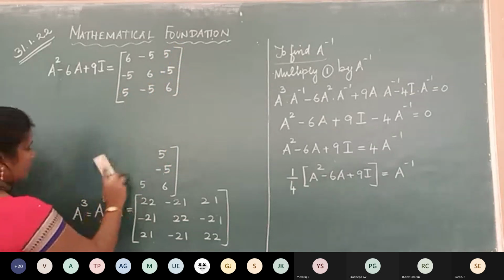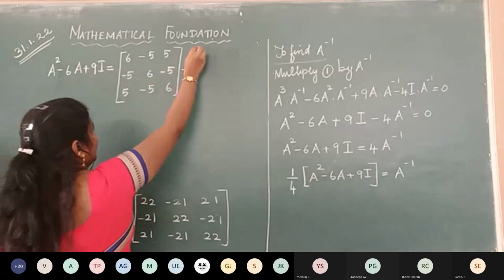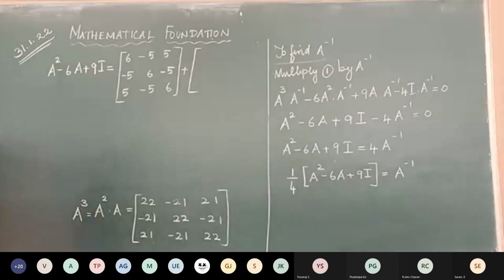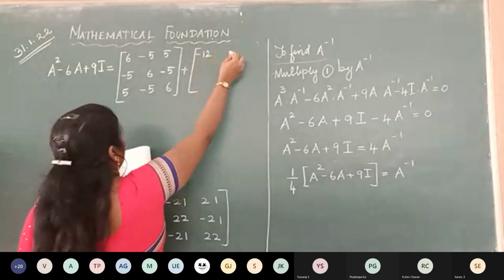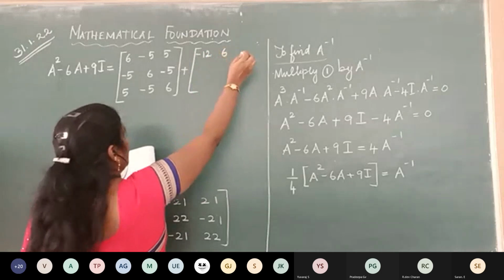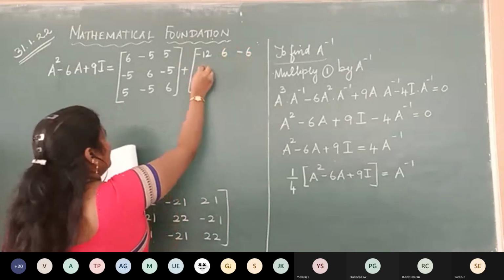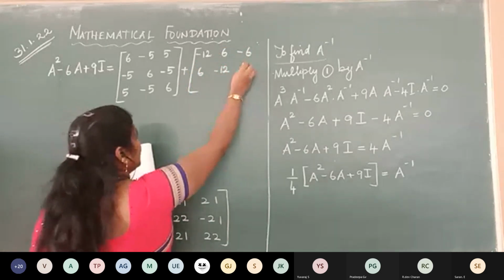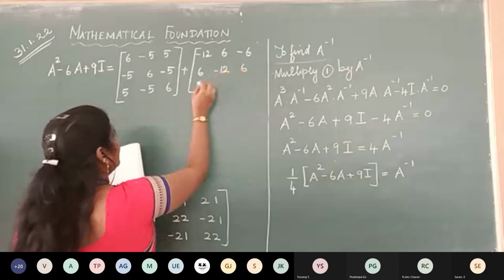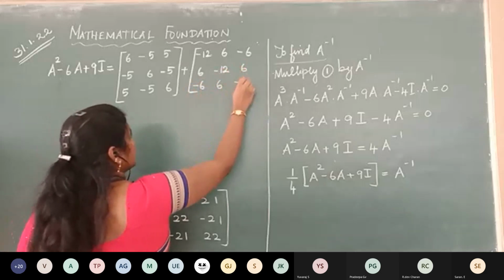Very well. Okay, so the A matrix, you multiply it with minus 6. What is your A matrix? It is 2, so it will become minus 12, plus 6, minus 6, plus 6, minus 12, plus 6, minus 6, plus 6, and minus 12.